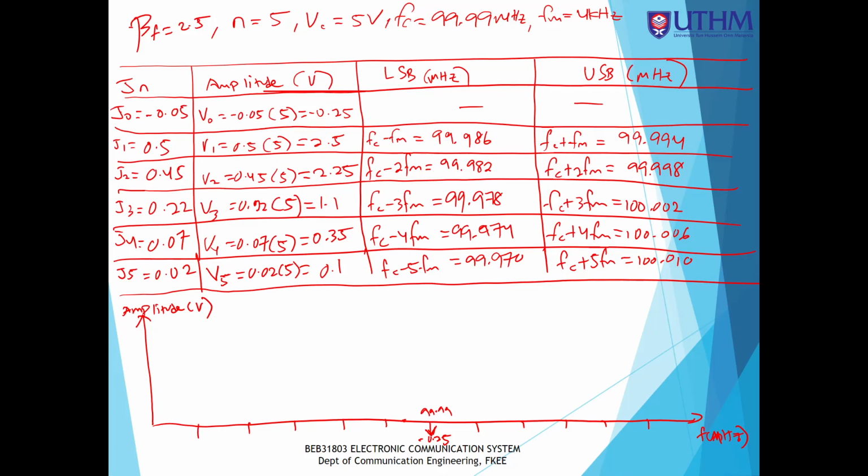Okay, so we get here 99.994, this is 99.986, here is 99.982, over here is 100.002, and here is 99.978.